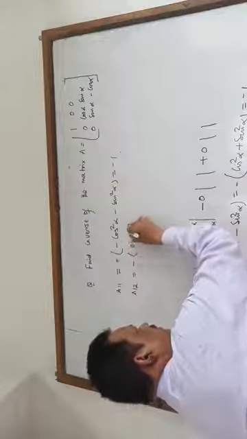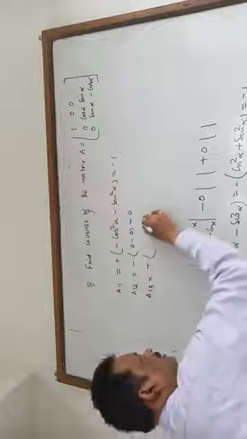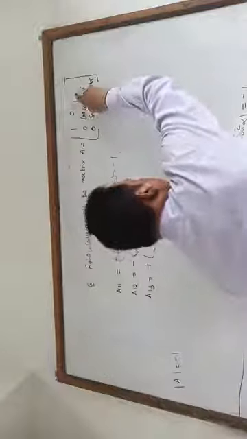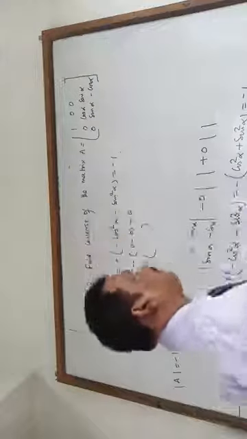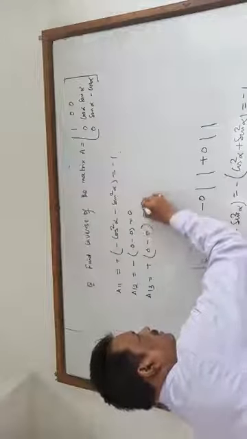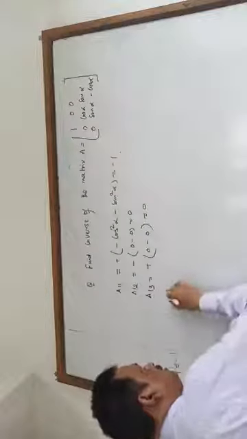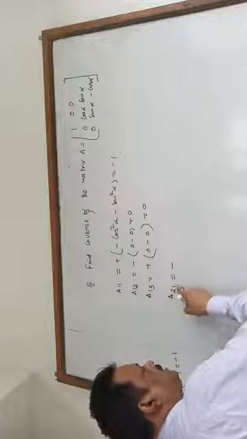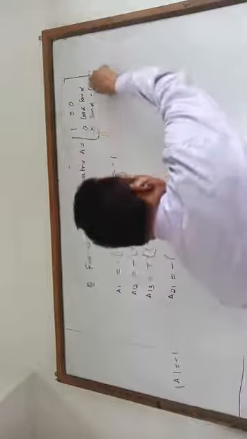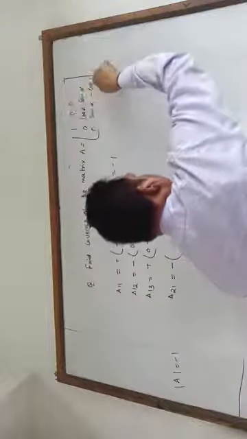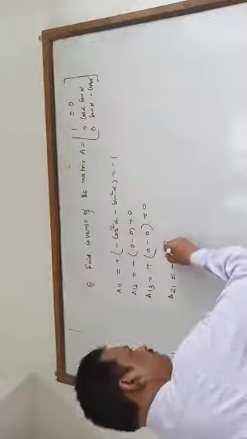So 0 minus 0, that is 0. A13. Plus sign, 1 3, this place. Forget this line. 0 into this minus 0 into this. So 0 minus 0, again 0. Then A21. Negative sign because 2 plus 1 is 3, odd. A21, this place. Forget this line, this line. 0 into this minus 0 into this. So that is also 0.